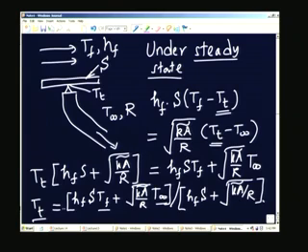I will get a temperature which is the mean of these two, with the weights being given by Hfs on the one side and square root of Ka by R for the other side.